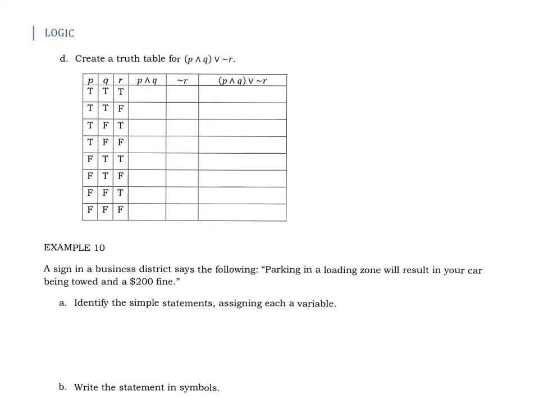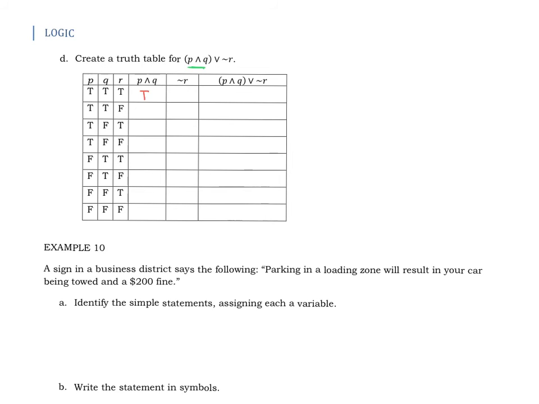Okay, so our last example. Again, we have to do the grouping symbol first as they suggested. So that's an and. Remember, the only way that the conjunction is true is if our P and Q are both true.